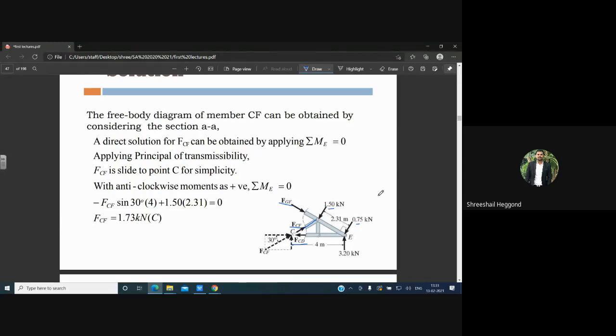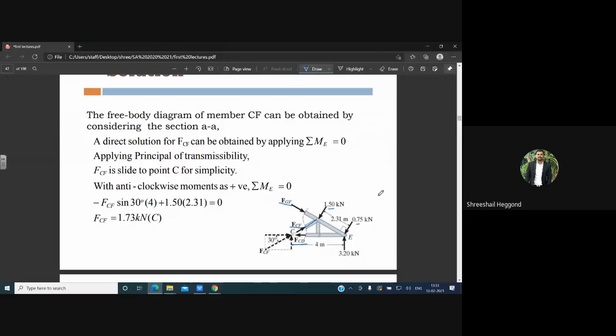Applying the principle of transmissibility, FCF is slid to point C for simplicity, with anticlockwise moment positive and clockwise moment negative. The summation of moment about E equation can be written as follows.